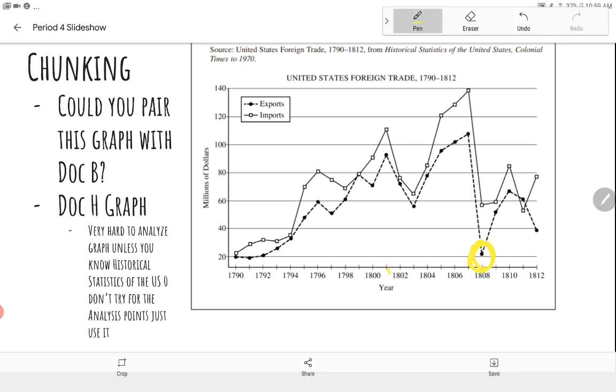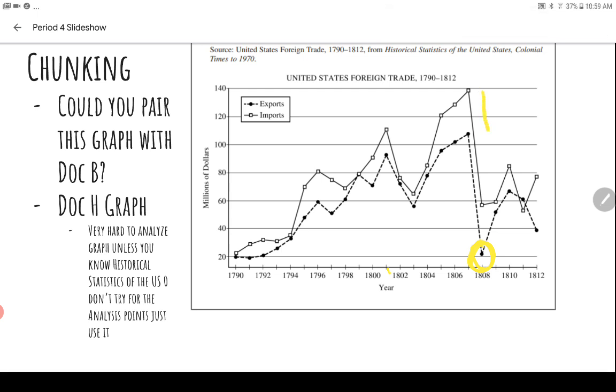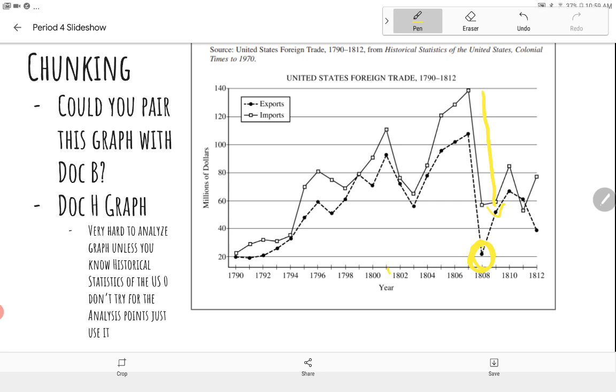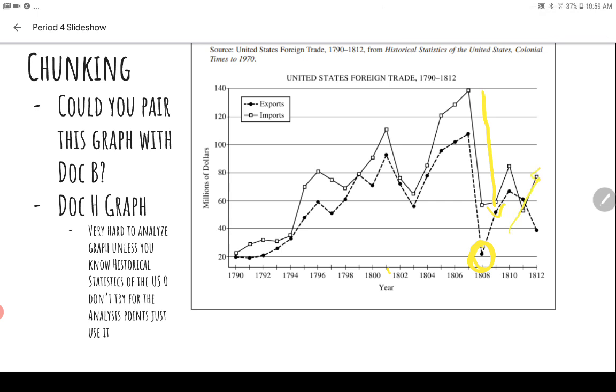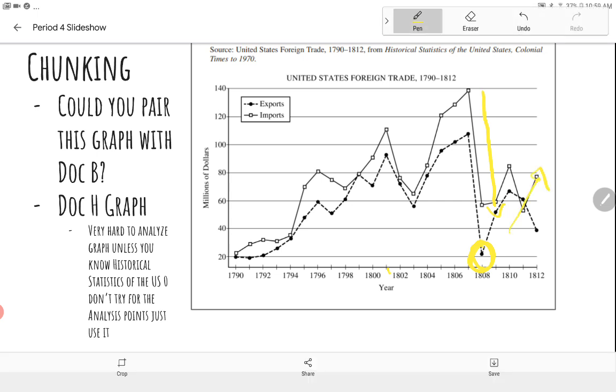This is the Embargo Act, right? In 1808, what happens is everything is going down. Now, eventually it is going to go up, but this is not good. Imports or exports, everything is just falling, just crashing, right?